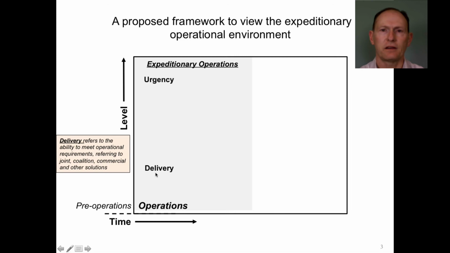Here's the expanded definition of delivery. And so these two inherent characteristics of expeditionary operations result in some undesired dynamics. One, the situation is incomplete. We don't have a complete architecture. We don't have a complete doctrinal relationship of units and how we'd like them to appear and be in the environment.